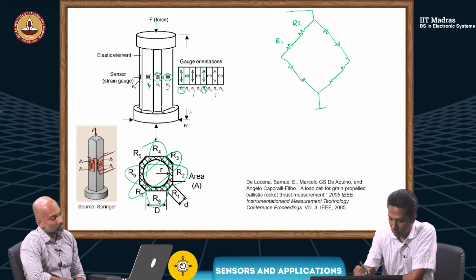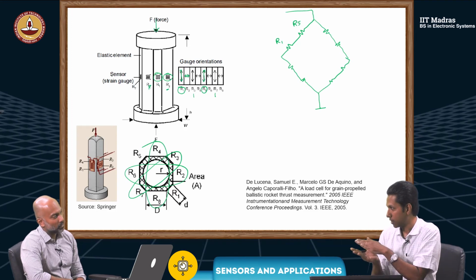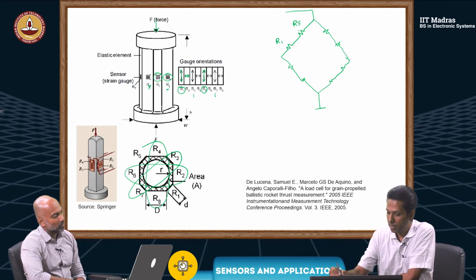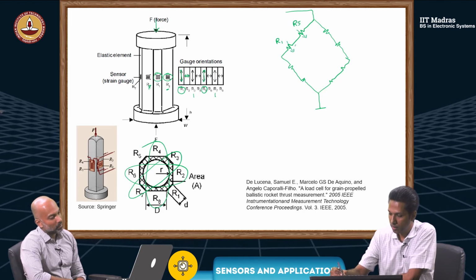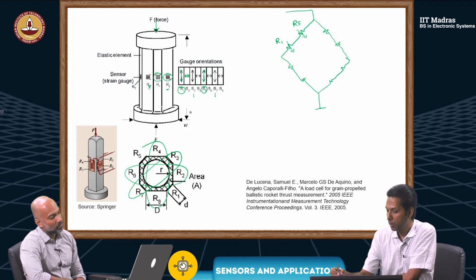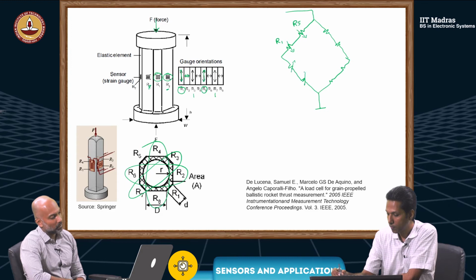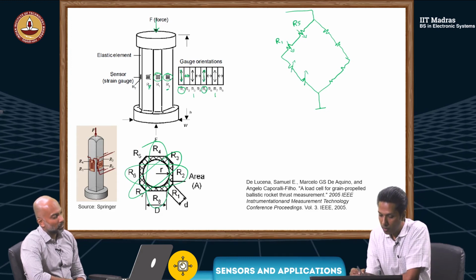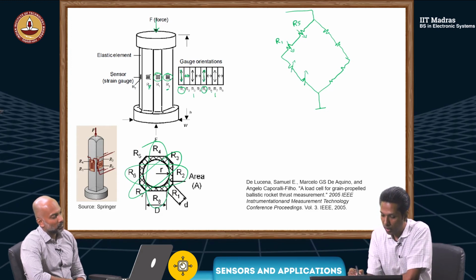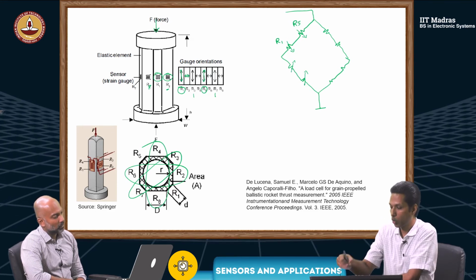Yeah. When there is force in this direction, they will decrease. Contraction. So these two will decrease. So if so, I will keep the other branch increasing, correct? Yes. So if you look here, R2 and R6, I can put in series and keep here. Yes. And so on. Right.